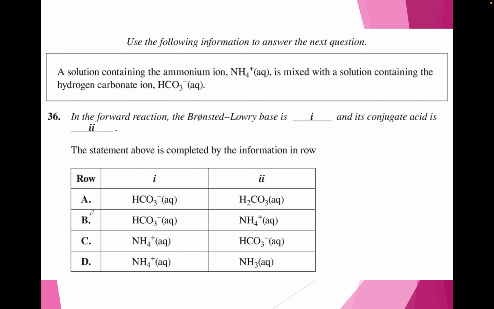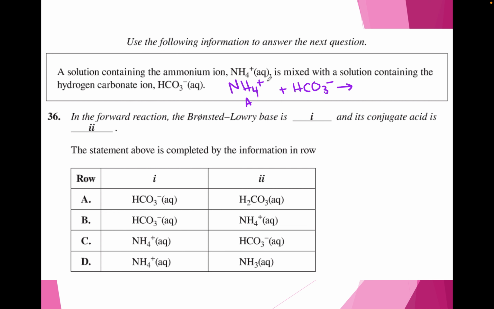Now, with this next one, we're not given the whole reaction, but you have NH4 positive, and it's mixed in a solution containing HCO3 negative. So when we're taking a look at this, you can tell from your data booklet that NH4 is an acid. HCO3 is a little bit trickier because it can act as an acid or a base.